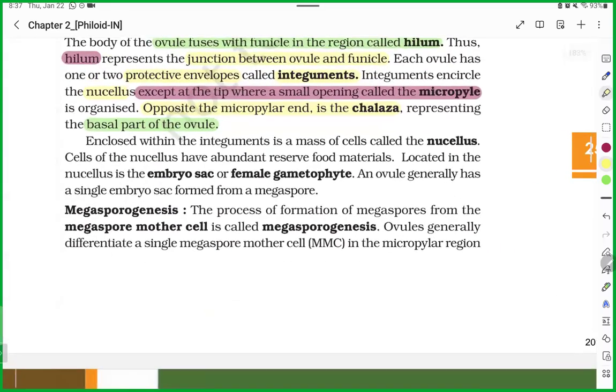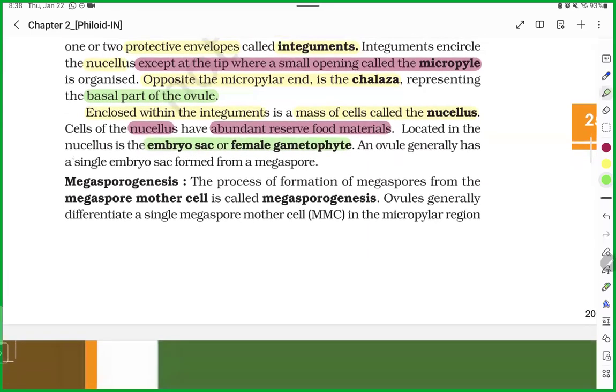Within the integument, you have the mass called the nucellus. This is important: the nucellus has abundant reserve food material. Within the nucellus, there is the embryo sac, known as the female gametophyte. You will not forget this.